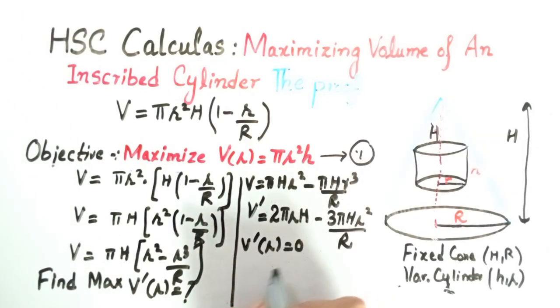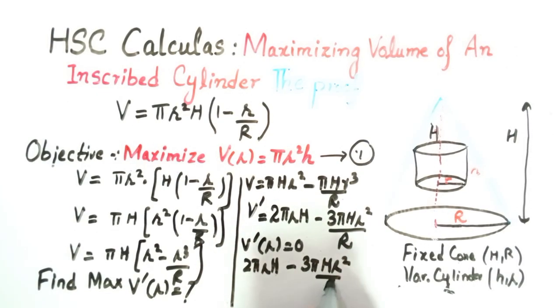When we solve this for equal 0, we get 2 pi r capital H minus 3 pi h r square by R equals 0.